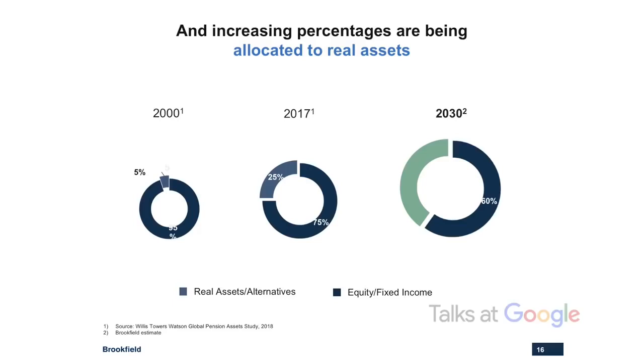And for us, and who we invest for, the most important thing that is happening is that the institutional plans are putting more of that 23 trillion, 43 trillion, 80 trillion into real assets, real estate and infrastructure and alternatives. If you look back to 2000, the percentage in their portfolios in general was 5%.